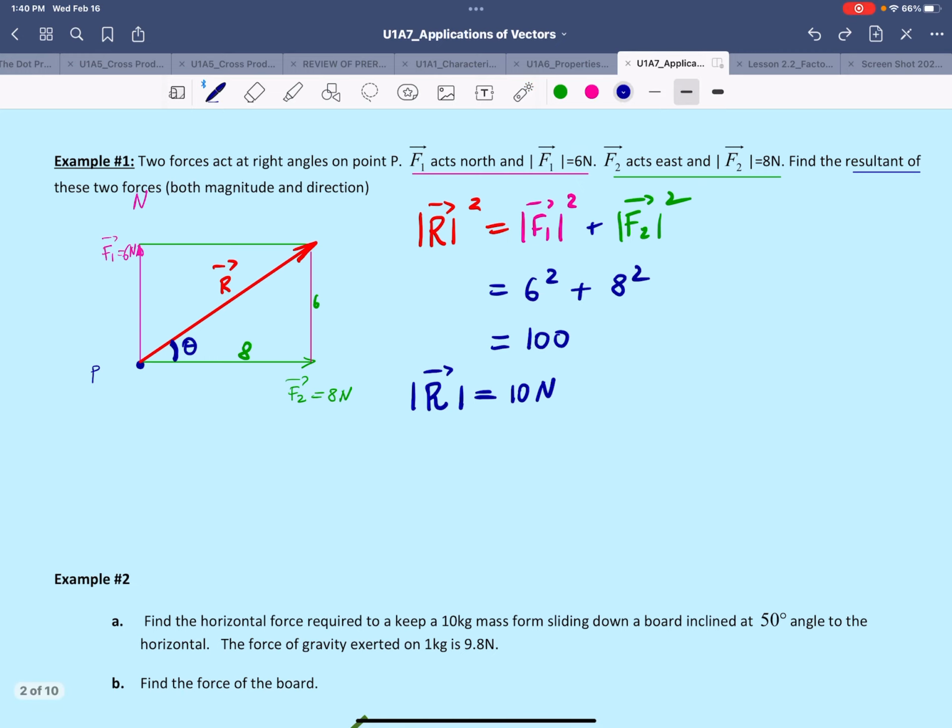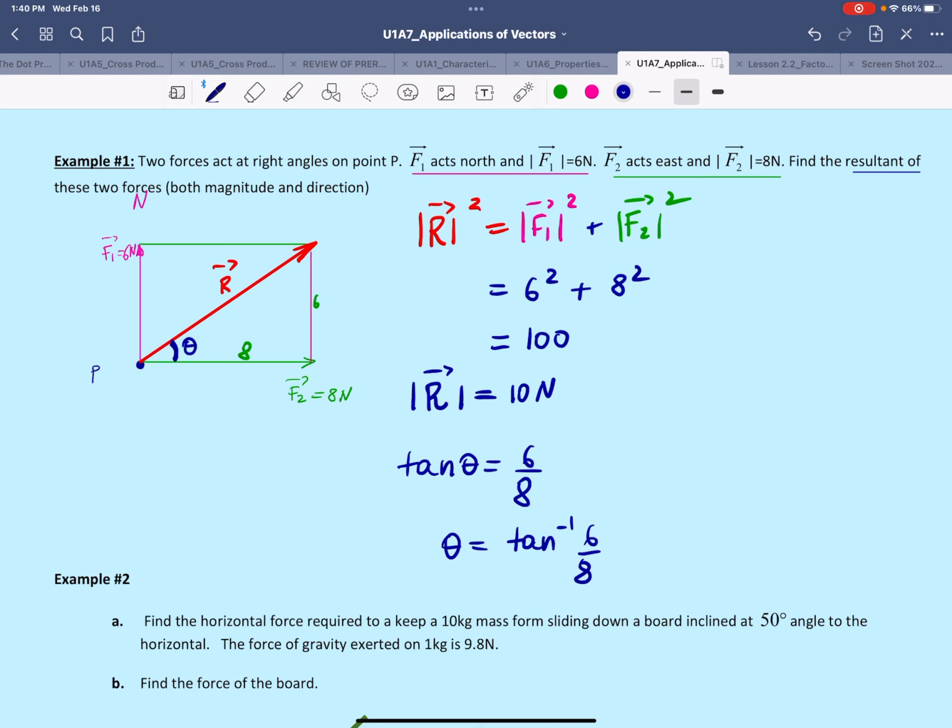Now, angle theta is located opposite to side 6, or vector 6 newtons, and adjacent to 8 newtons. So tan theta equals 6 over 8, which makes theta equal to inverse tan 6 over 8. Use a calculator to find what angle theta is.